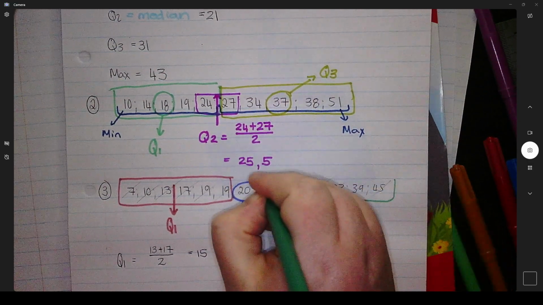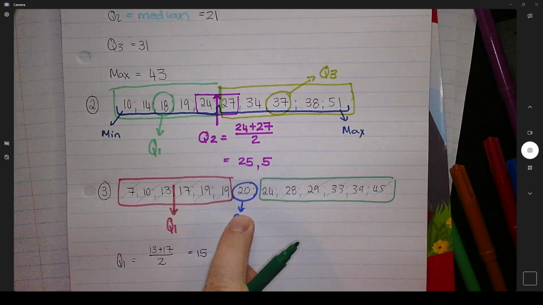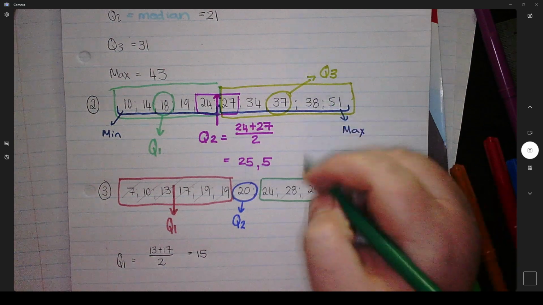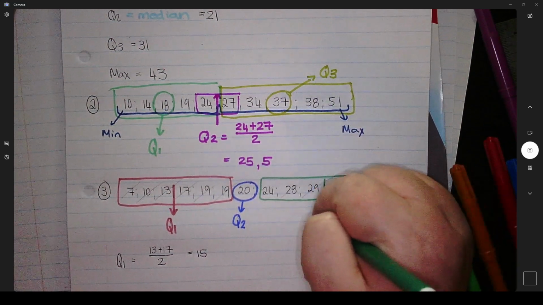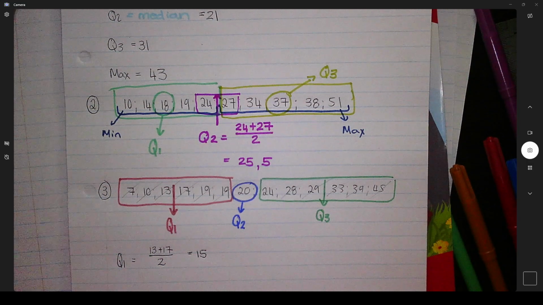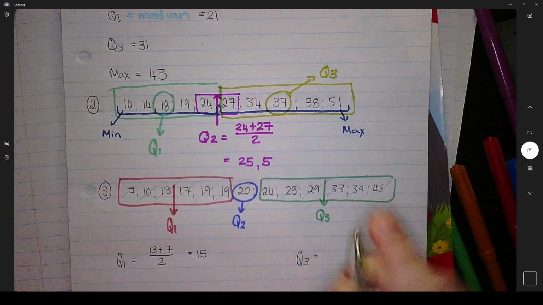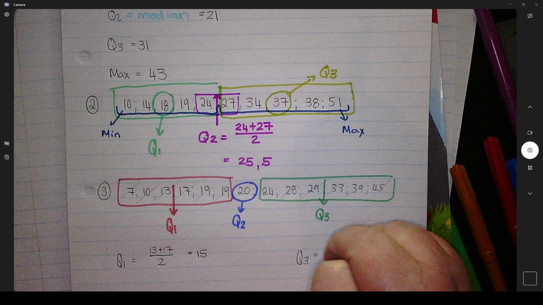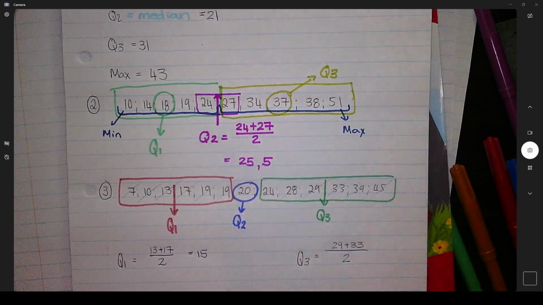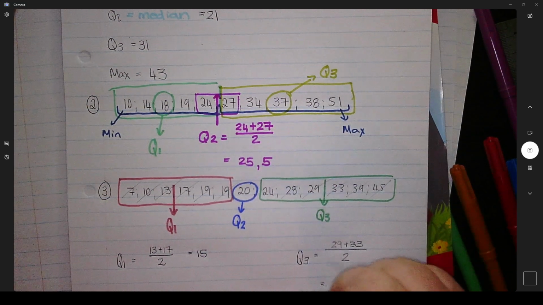Please notice that neither the upper or lower half include 20 because 20 is the actual median. There are 6 values in the upper half, which means that quartile 3 will lie exactly between the 3rd and 4th values. To find the value that is halfway between 29 and 33, you take 29 plus 33 and you divide your answer in half. That will give me 31.